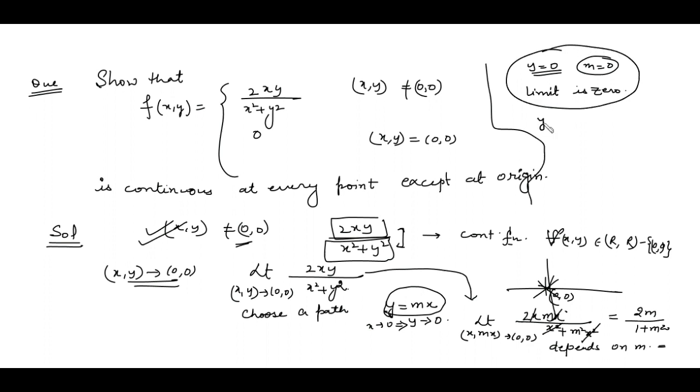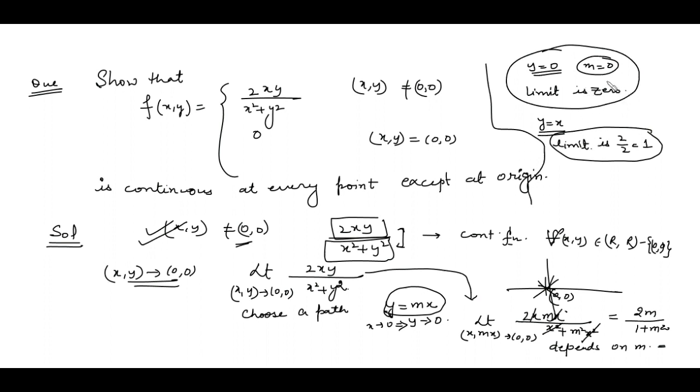So when you consider the y equals x path, which means your m is 1, what will be the limit? In that case the limit is 2 upon 1 plus 1, which is 2 by 2, which is 1, right? So this path is passing through 0 comma 0, and this path is passing through 0 comma 0, but the limit is not the same.